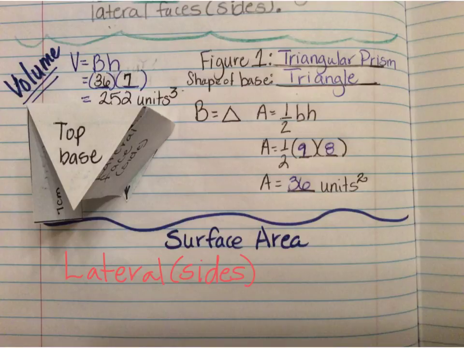So if you look at your formula chart, look for surface area, and remember, this is a prism, so find that formula and write it down. Lateral surface area. And that formula should be S equals capital P, which remember is the perimeter of the base, times the height.